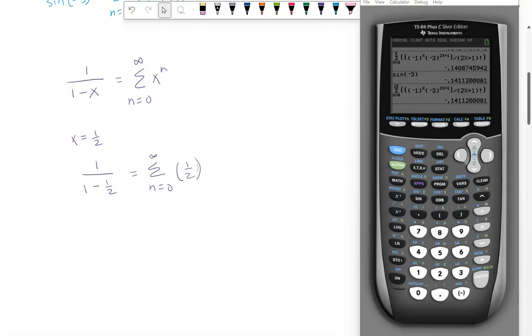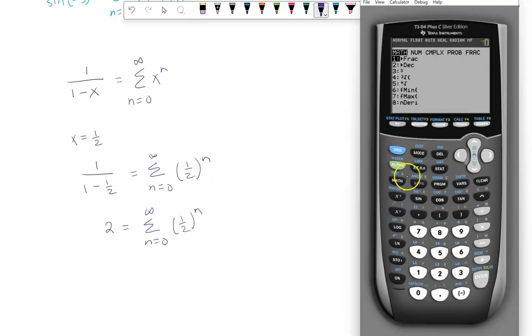Oops, that was supposed to be to the power of n. Well, I know that 1 minus 1/2 is 1/2, and 1 divided by 1/2 is really just 2. So I'm expecting to get an approximation that's close to 2 when I do this in the calculator.